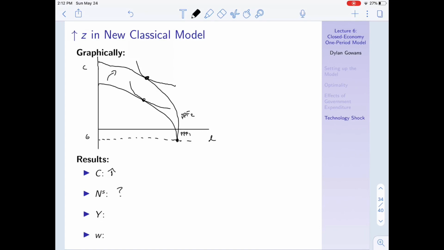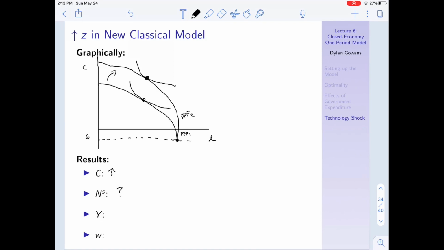Well, on the other hand, now the wage is higher for any amount of labor. And so the cost of leisure goes up. And therefore I want to consume less leisure and more labor supply. So you have these two effects going in different directions. And on the whole, without knowing the production function or the utility function, we don't know what the total effect will be. And so here I put a question mark for labor supply.